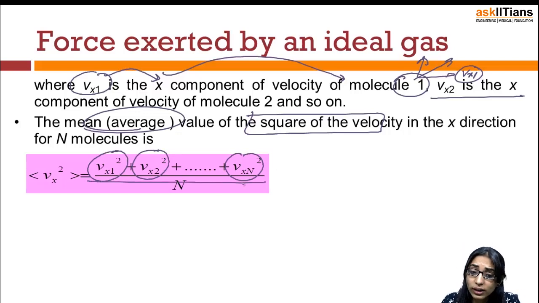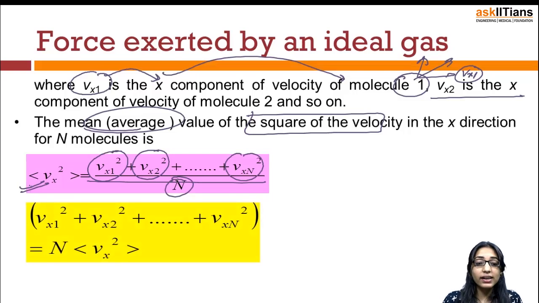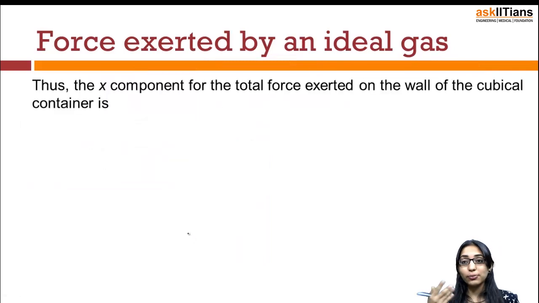You divide by the total number of molecules, and you will get the mean average square of velocity in the x direction. Now, you can also take N to the left hand side and it becomes N times Vx square average, which is nothing but this particular value. Having done till this, let me move ahead.